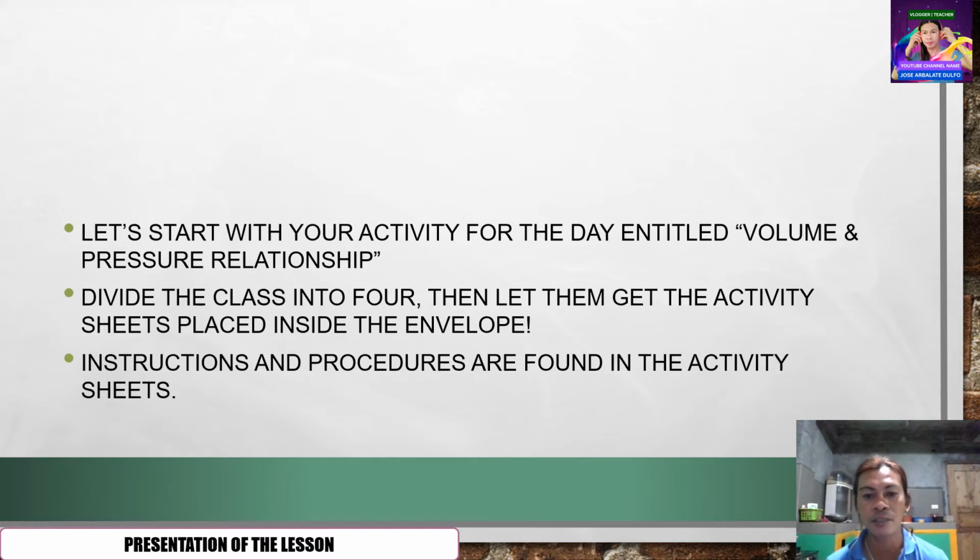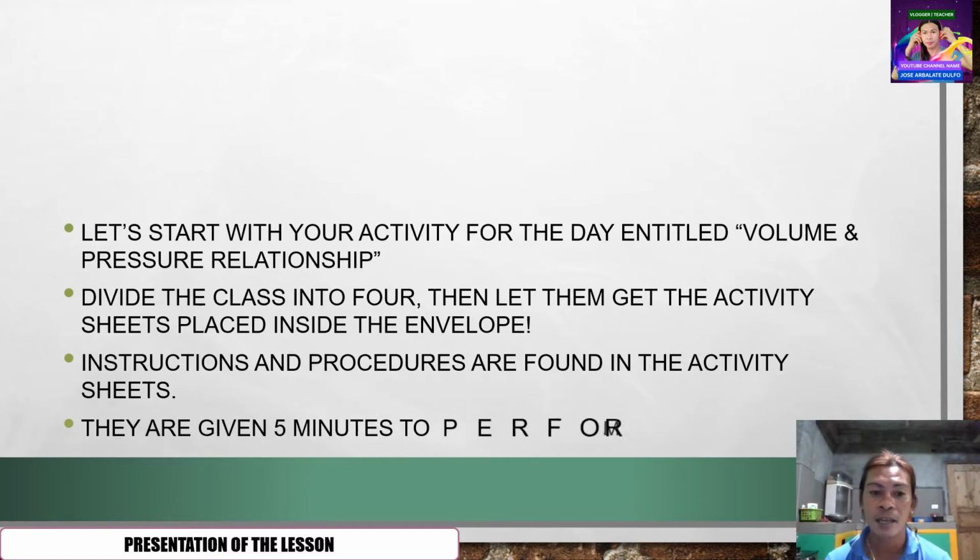Instructions and procedures are found in the activity sheets. I have already prepared an activity with procedures written on the sheets that I am going to distribute to the groups of students to perform the activity, and they are given 5 minutes.